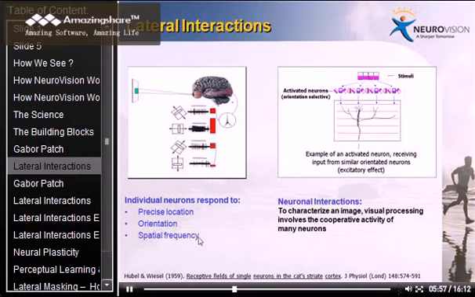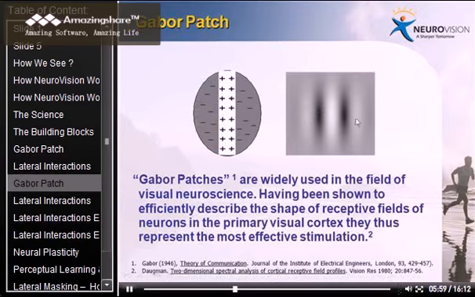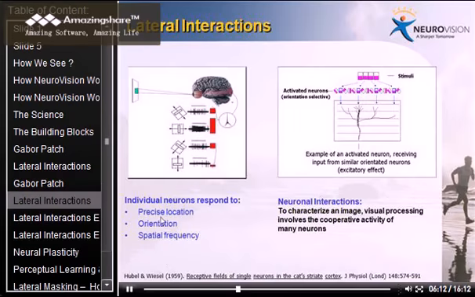If I go back for a bit, these can be very wide Gabor patches with what we call low spatial frequencies, or very dense, very narrow Gabor patches with a very high spatial frequency. So these neural cells will actually filter different stimuli according to these parameters here.